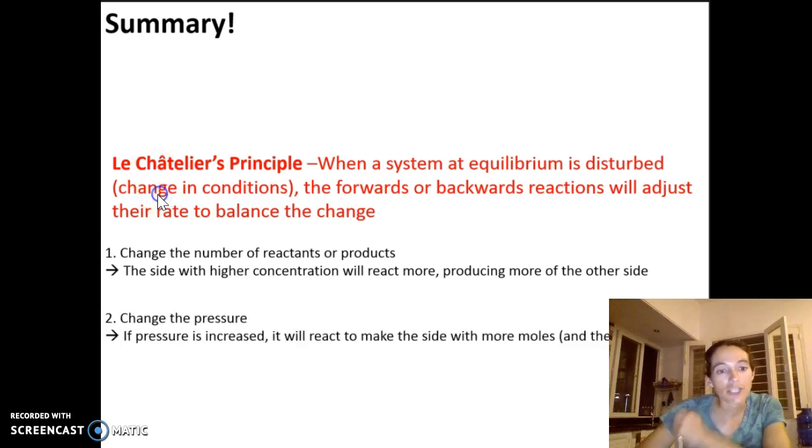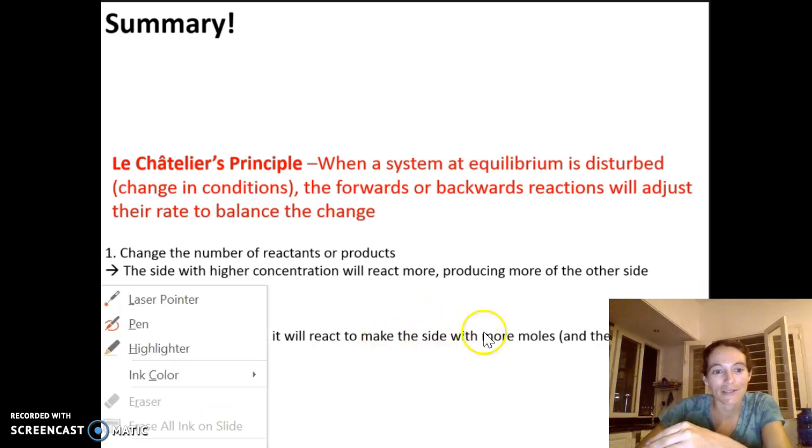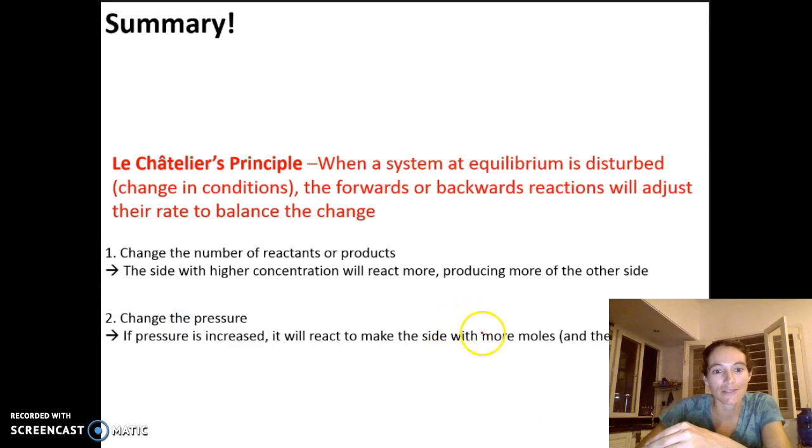We can change the pressure. If we have more pressure, it'll react, sorry, I messed up this one, it'll react to make the side with less moles. Please, let's cross this out. Less.